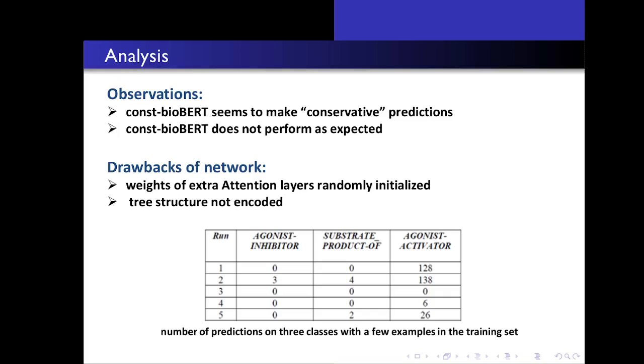Maybe the chunking information is too basic and learnable during the pre-training. We need to incorporate more advanced hierarchical information about the constituent tree. A possible solution is to replace the two attention layers with a tree LSTM layer.